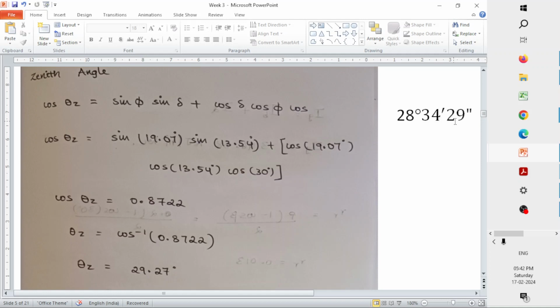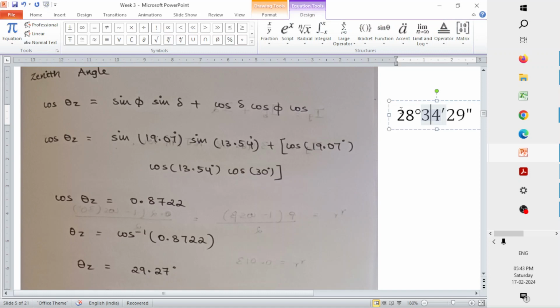So you have to convert degrees, minutes and seconds into degrees. As I said in the week 1 lecture, for degrees you just keep it as it is, for minutes you divide by 60, and for seconds you divide by 3600, because 1 hour has 60 minutes and 1 hour has 3600 seconds.